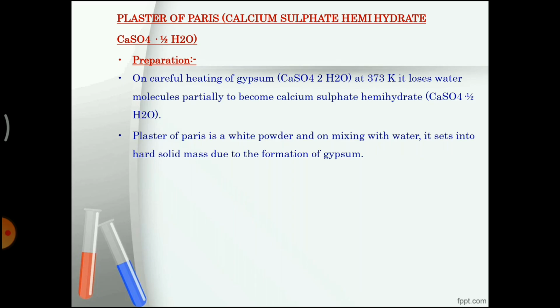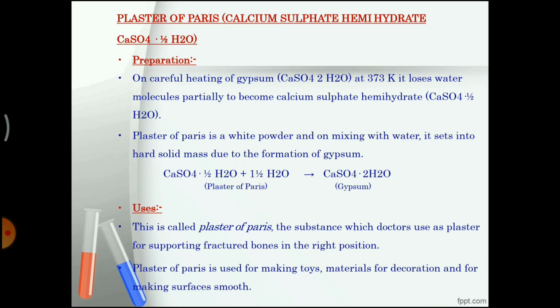Plaster of Paris is a white powder and on mixing with water, it sets into a hard solid mass due to the formation of gypsum. See the reaction: calcium sulfate half H2O plus 1.5 H2O gives calcium sulfate 2H2O.